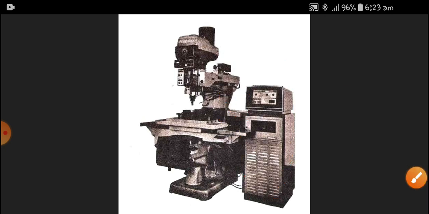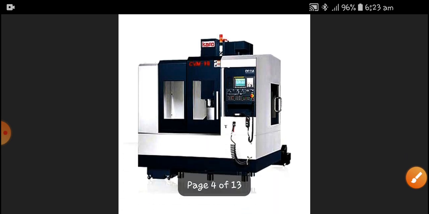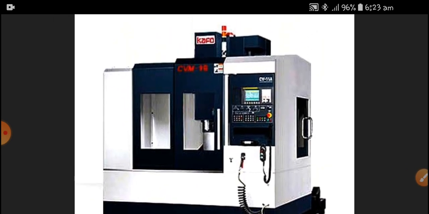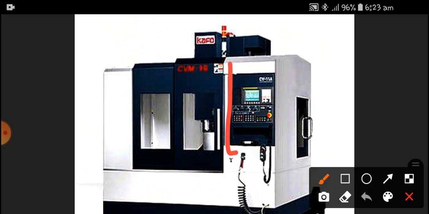The next one is a CNC machine tool. Here, a small computer is integrated with the machine tool, and this computer will control all the inputs as well as the outputs and feedback. In a CNC machine, we can measure the dimensions and we can machine the dimensions.